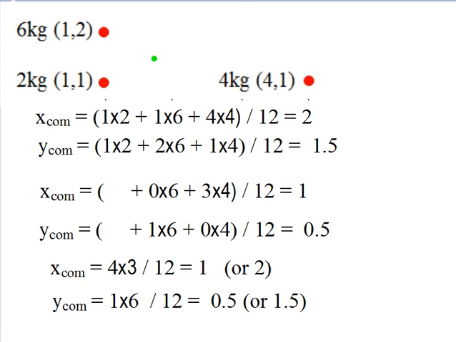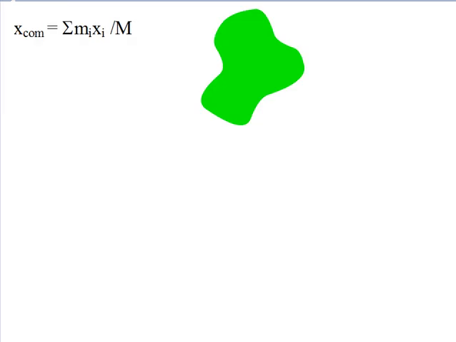So there's a little gimmick that you can use to possibly make your life a little bit easier, and you can make it significantly easier by your choice of where you put the origin.